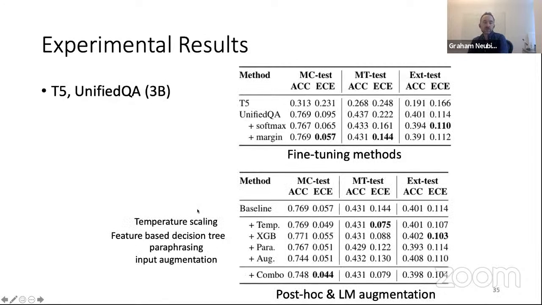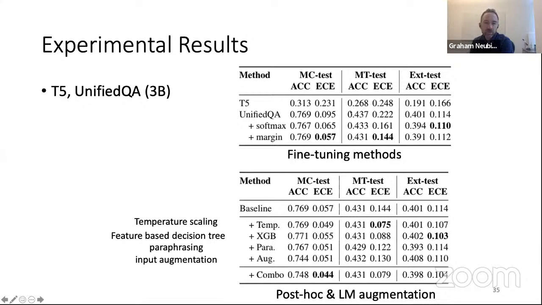So here are the results with T5 in unified QA. And what we can see is that on the multiple choice data sets that are similar to the ones that unified QA was trained on, actually the accuracy is pretty good, and the expected calibration error is also not bad, it's like 0.1, which is not horrible.